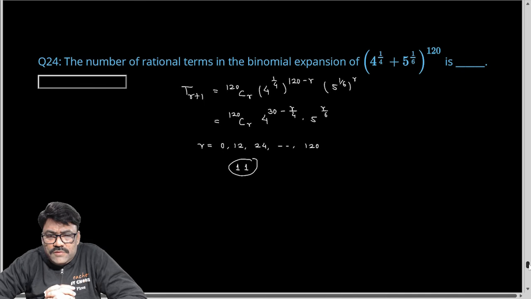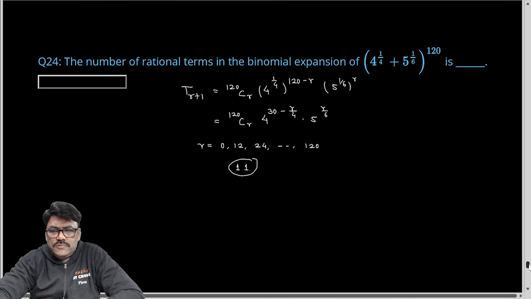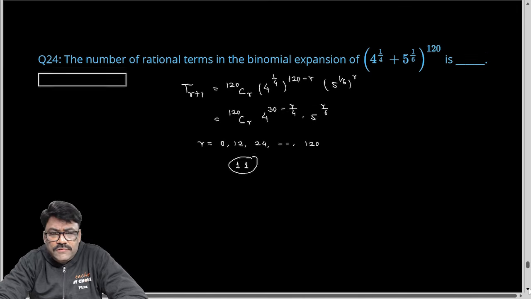So it is 120Cr, 4 raised to 30 minus r by 4, 5 raised to r by 6. So r must be a multiple of both 4 and 6, so r must be a multiple of 12. So 0, 12, 24, last 120. So 12 into 1, 12 into 2, 12 into 3. So yes, it should be 11 values. Why is 21 written here?